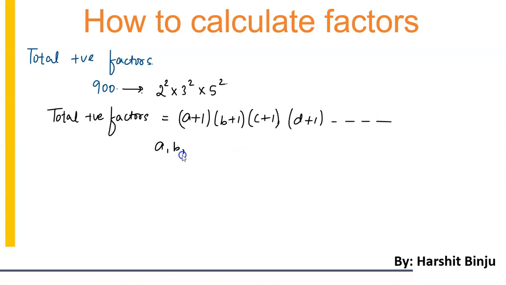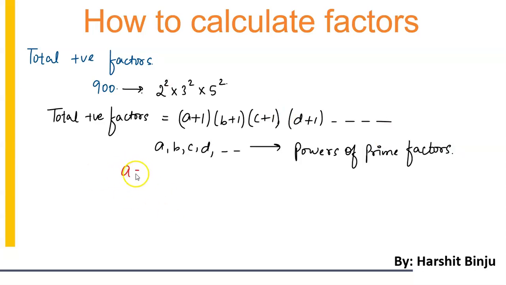They are the powers of the prime factors. In this case, a will be 2, b will be 2, and c will also be equal to 2.